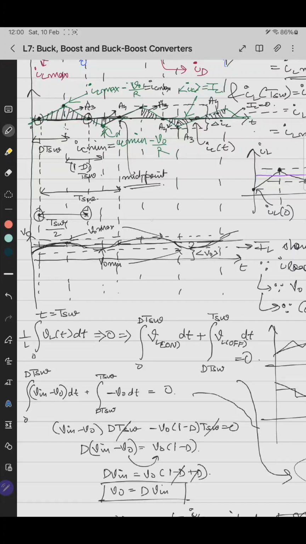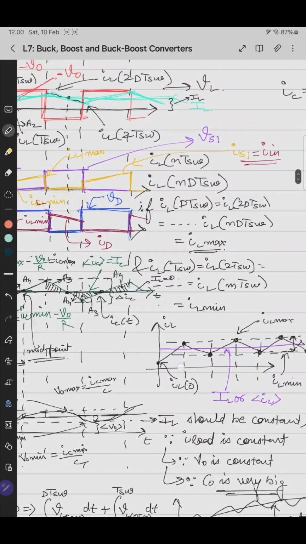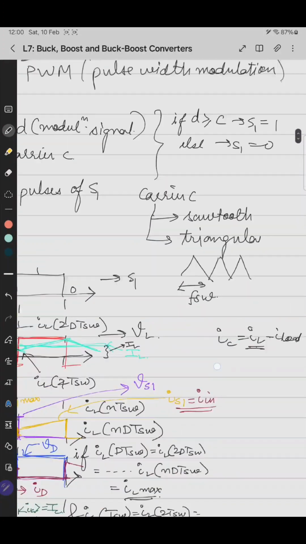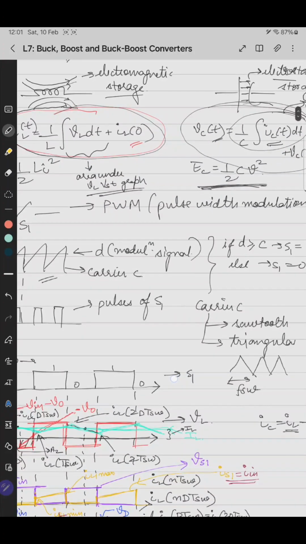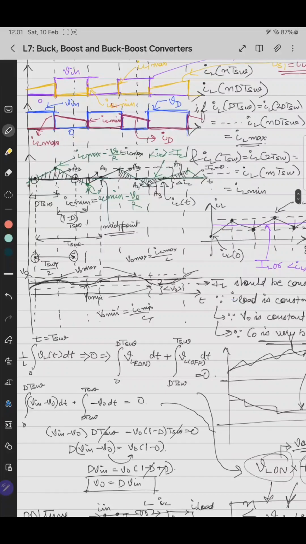V0 max is Ic max by C and V0 min equals Ic min by C. Why? Because we are integrating it, and again the peak value will be this thing, from 0 to t switching. Yeah, so you can get it.